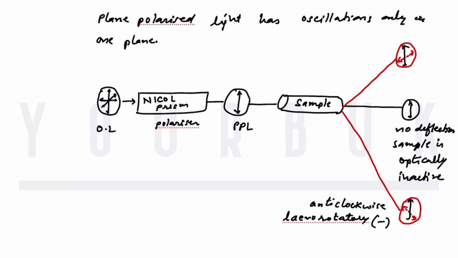And this is called a clockwise rotation. This is called dextrorotatory, or we use a plus sign. And this deflection of plane polarized light by a sample is called optical rotation.